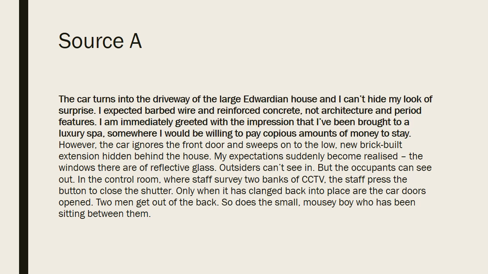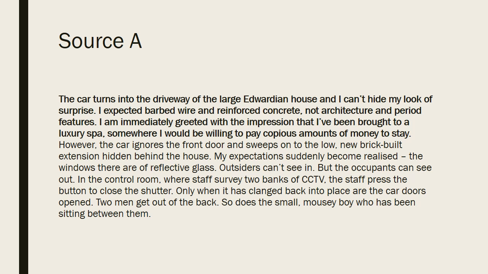Okay, so let's look at those first 3 sentences. What can we discover from this? Well, first of all, it is the first 3 sentences, so be aware that this is how he is presenting to us the situation to begin with. It's very descriptive, okay, but it focuses on his reactions. A look of surprise, what he expects, the impression that he gets of it.